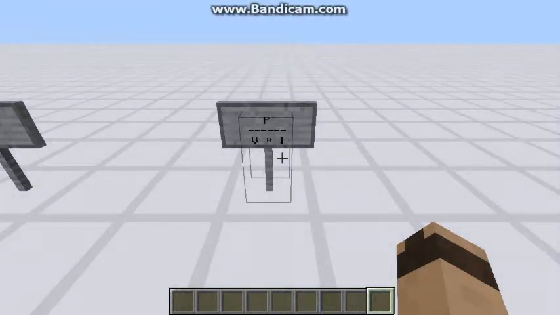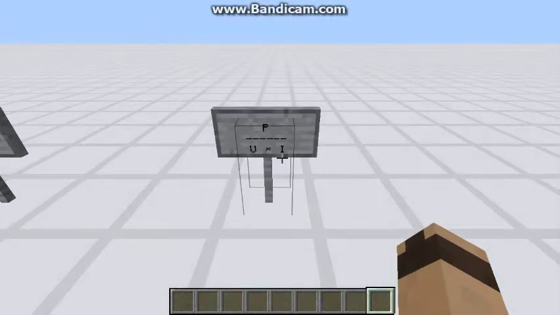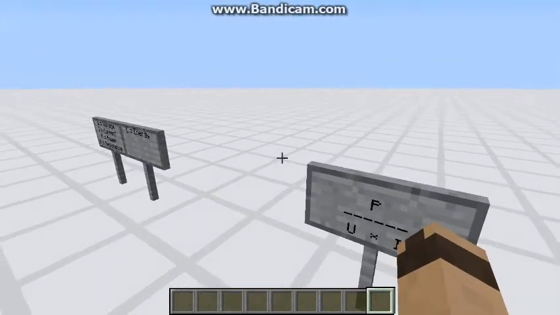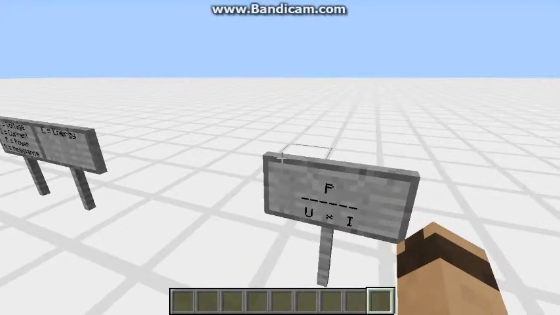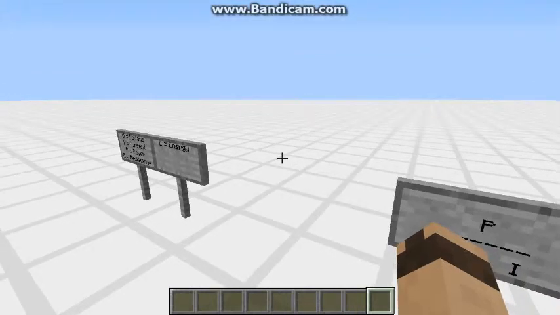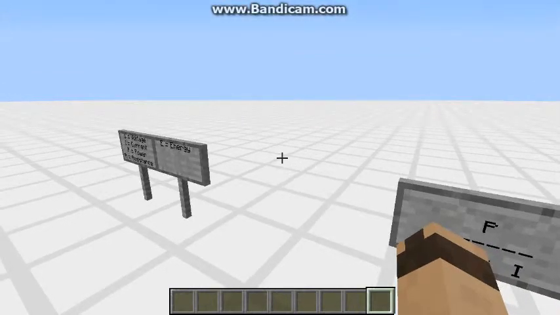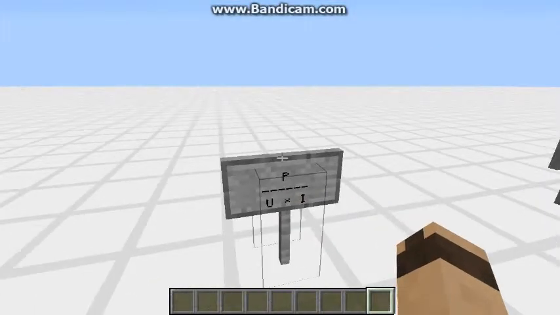If we want to figure out any of the other two variables, we just put our hand above the one we want to know, in this case current, and we get the P for power divided by voltage is the current. Same goes for the voltage is power divided by current.